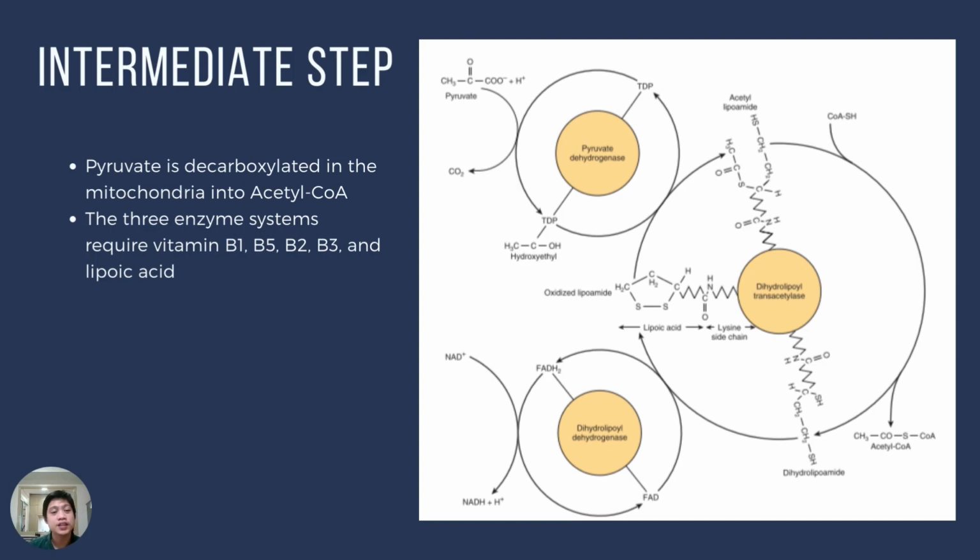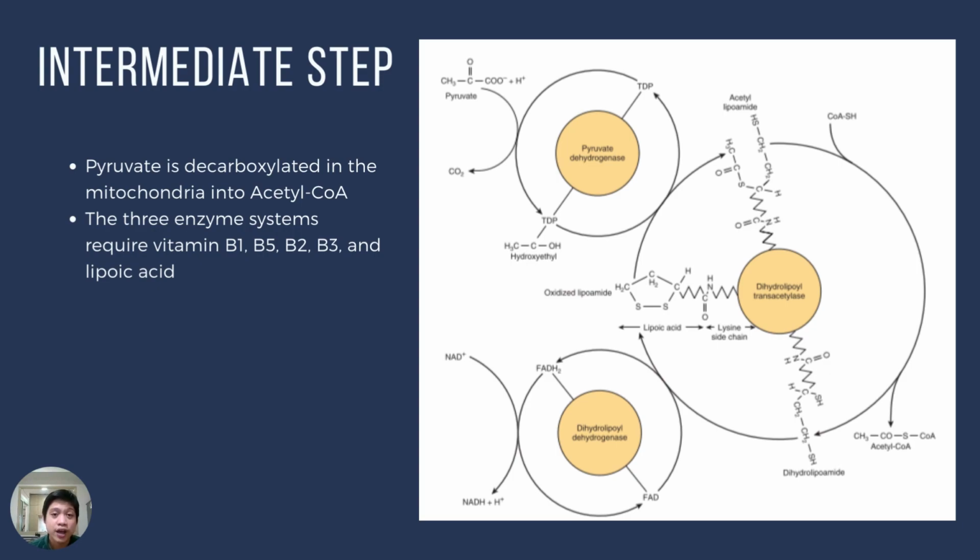Here illustrated is the intermediate step by which pyruvate is decarboxylated in the mitochondria into acetyl coenzyme A. This is catalyzed by an enzyme complex, which means that this enzyme has 3 functioning parts, which is greatly illustrated here from the image from Harper's.